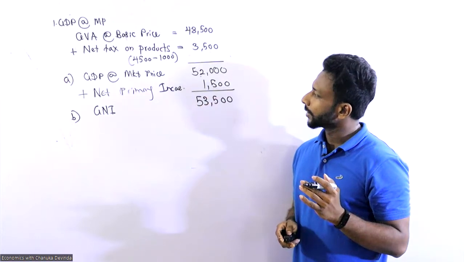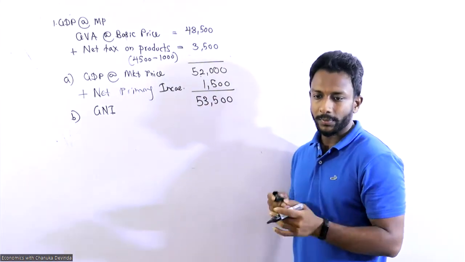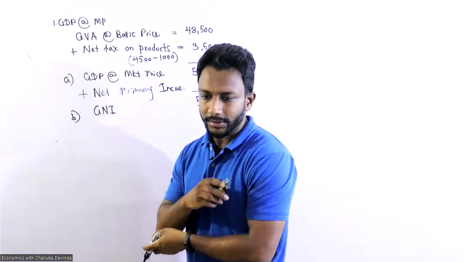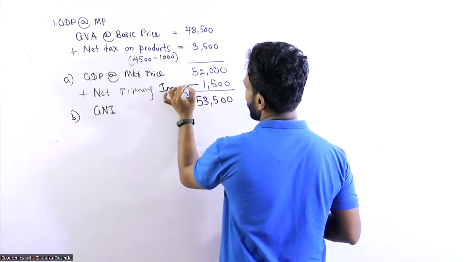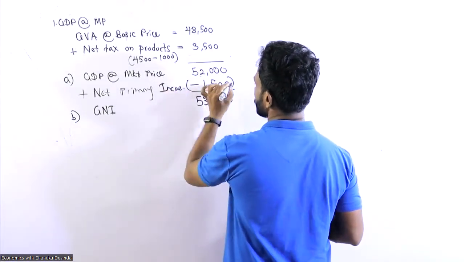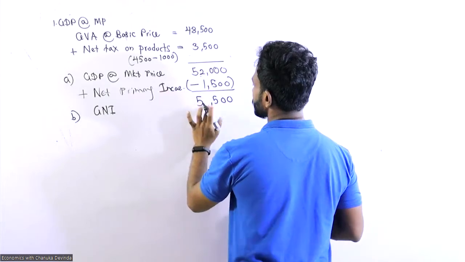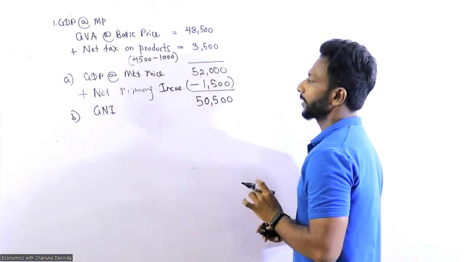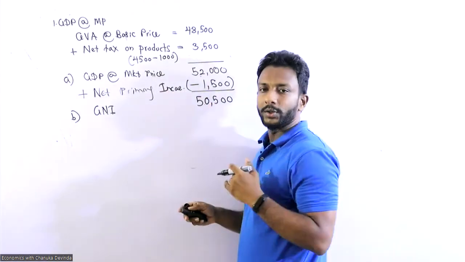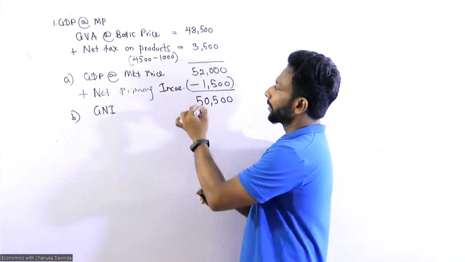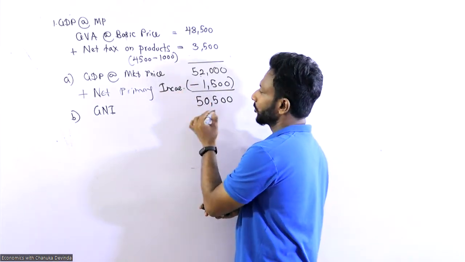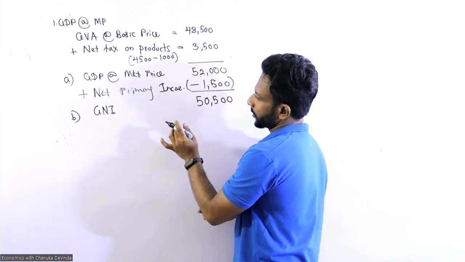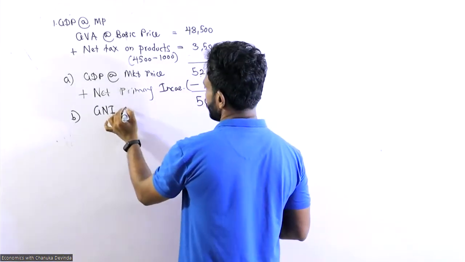Oh wait, net primary income is not positive, is it? Yes, it is negative. Sorry, I didn't see the minus value. So it is 50,500. Net primary income needs to be added, but it is a negative value, so since we have to deduct that, that is the GNI.